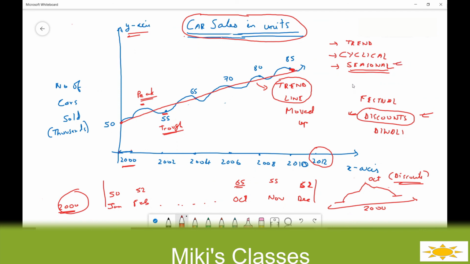So likewise, you'll find out that many things are bought only during the summers, let's say ACs, air conditioners, right? Let's say something like an air conditioner. You'll find out that during the summers, the sales will be much higher. And then during the winters, the sales will go down.